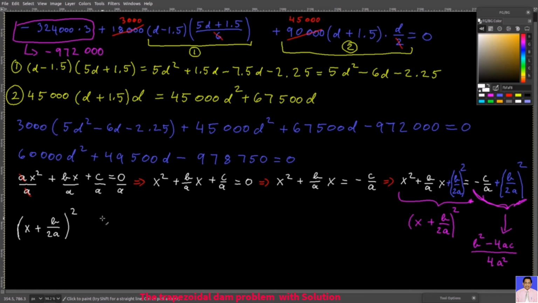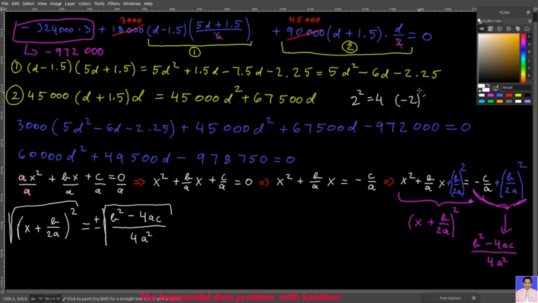So I have this thing on one side, this thing on another side, and now to get rid of this squared, I apply square root here, and I have to do the same thing here, but I also need to put here plus minus, because remember, 2 squared equals 4, and also minus 2 squared equals 4. So when you go back, square root of 4, then it's actually plus minus 2.